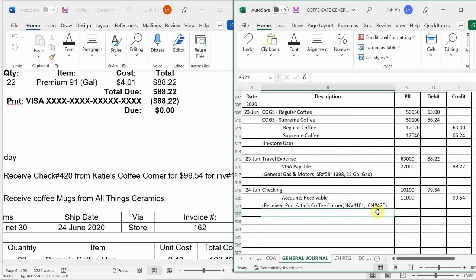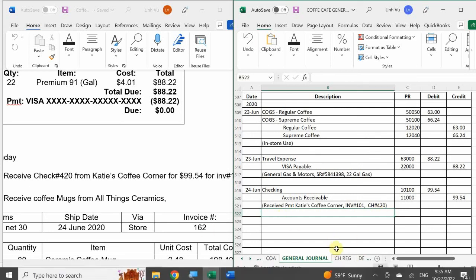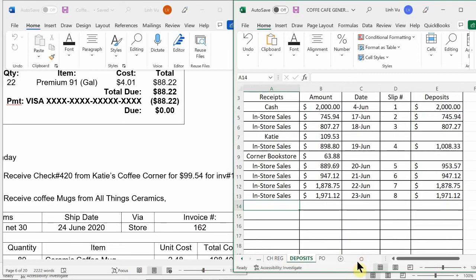We're going to make a deposit of the 99.54. We're going to record that money in here. I'm going to put Katie, for $99.54, because we're going to wait till the very end of the day to deposit everything.